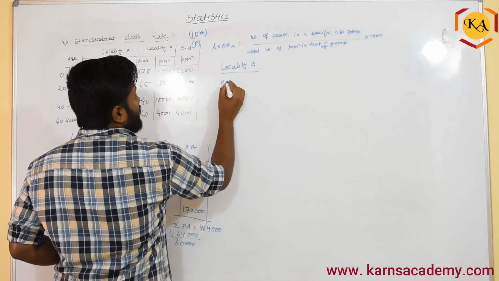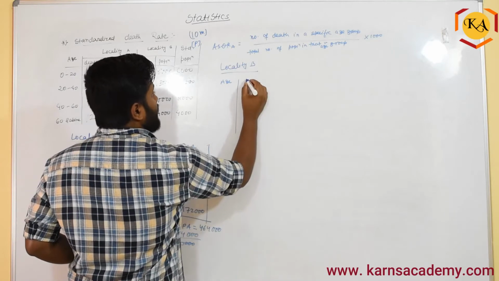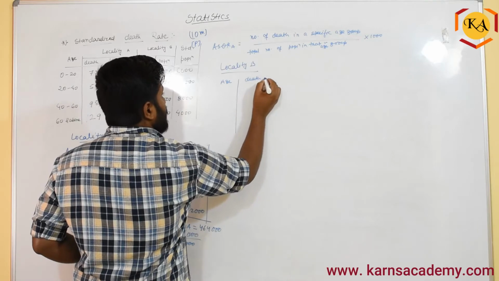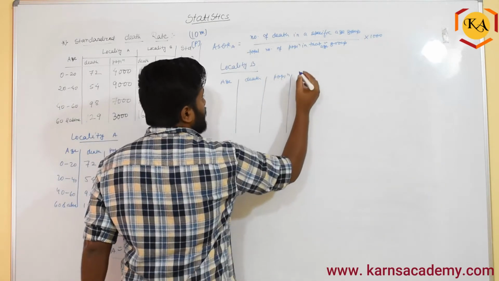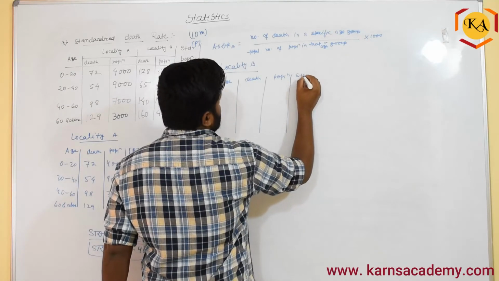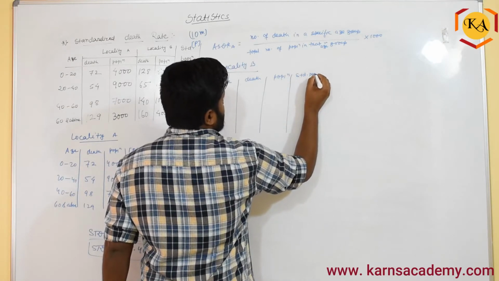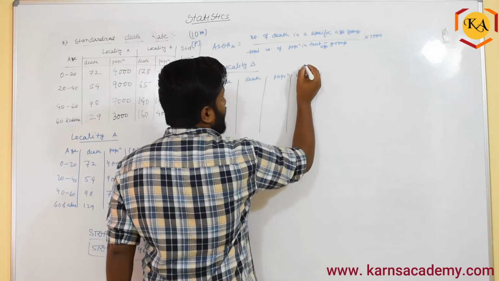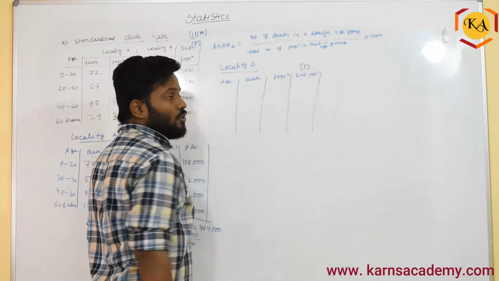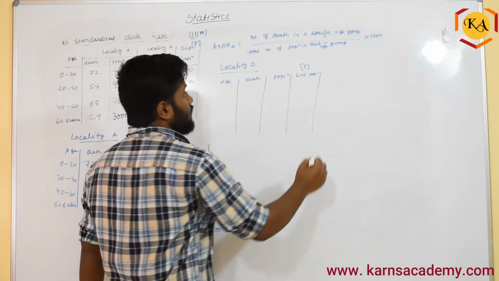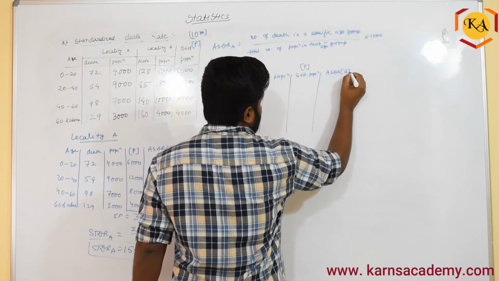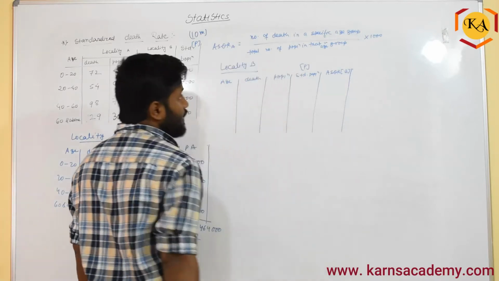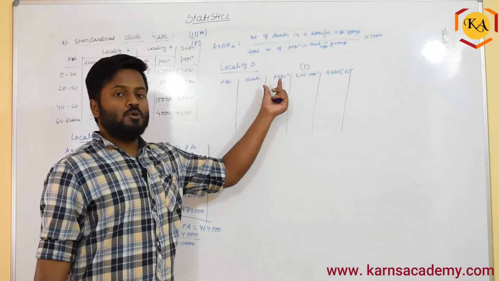Again the same thing, they have given ages, they have given death, they have given population, and they have also given the standard population. The standard population as usual is constant, so we are going to assume it as P. Here we will calculate ASDR again, but we will name it B since this belongs to locality B. So death divided by population into 1000.